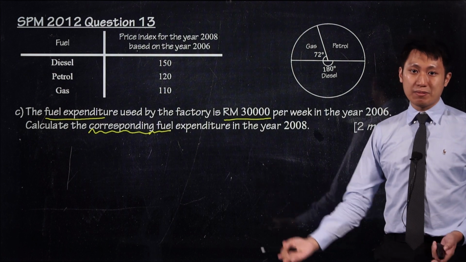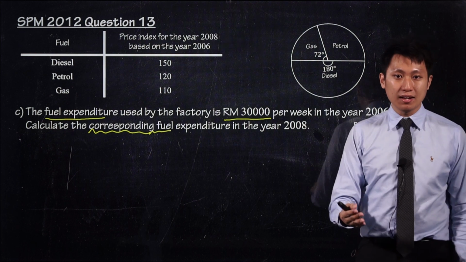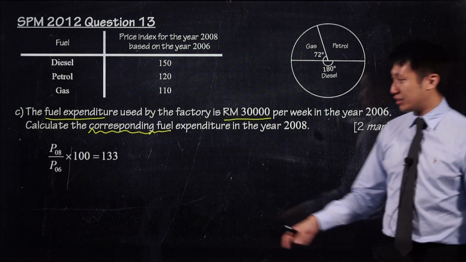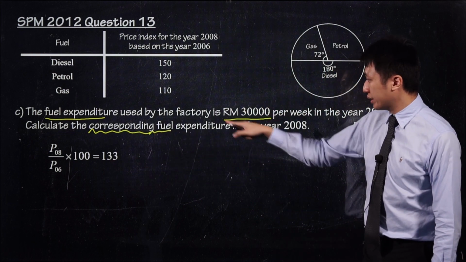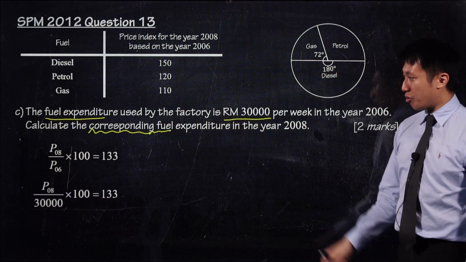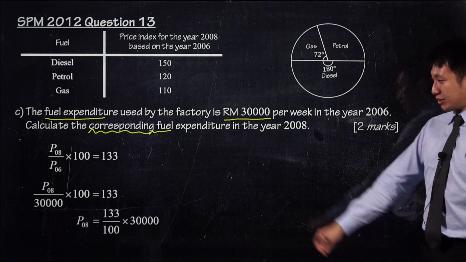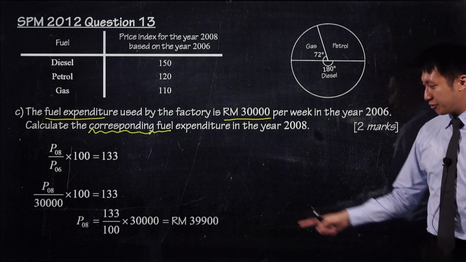It always happens after you have done the composite index. Just now we found the composite index, so now we can use it. 133 was the composite index. Now we just put this inside, then we get it.